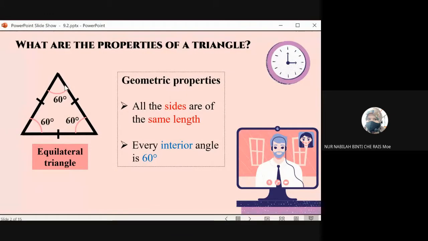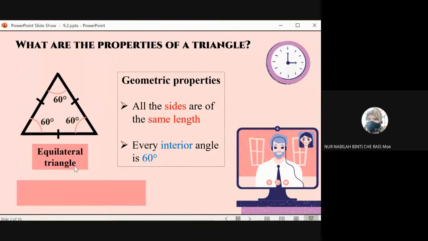Because the sum of the interior angles, you add this angle, this angle and this angle, equals 180. For any triangle, the sum of the interior angles equals 180. So for an equilateral triangle, all the angles must be 60 degrees.